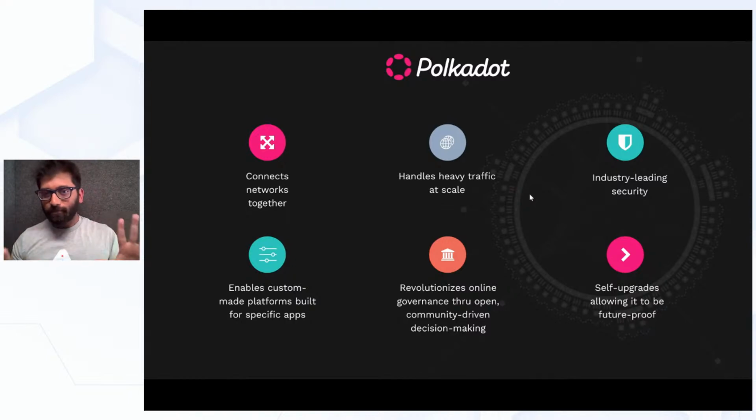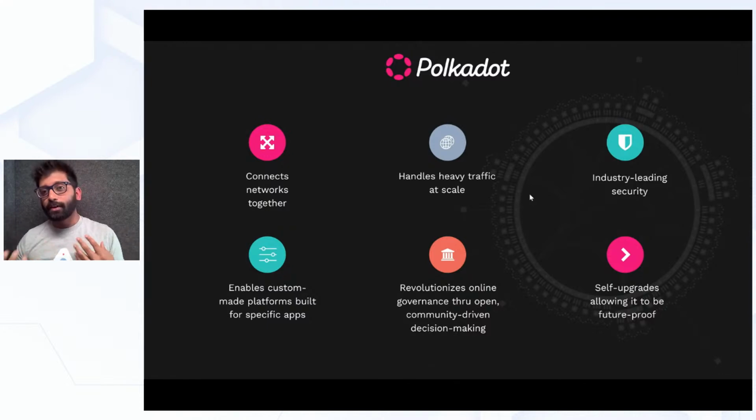Okay, so again, let's revisit the features that I've talked about individually. The first thing is connecting networks together. How does Polkadot facilitate blockchains talking to each other, and how different is it from blockchains talking over bridges?